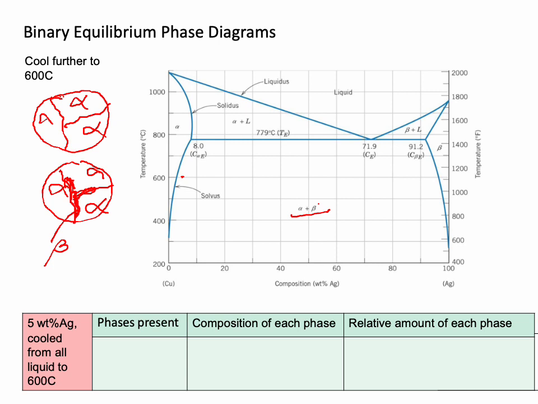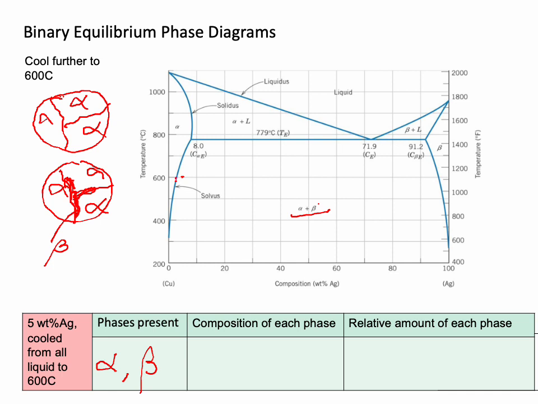Okay, so questions that were asked: What are the phases? What's the composition of each phase? What's the relative amount of each phase? So I know that I've got alpha and beta now. The alpha phase composition is wherever this endpoint is, right there.